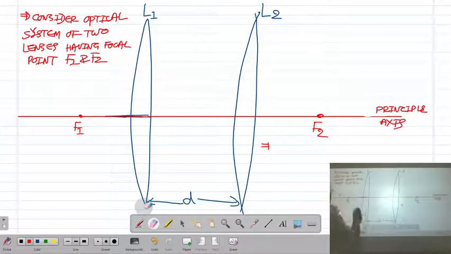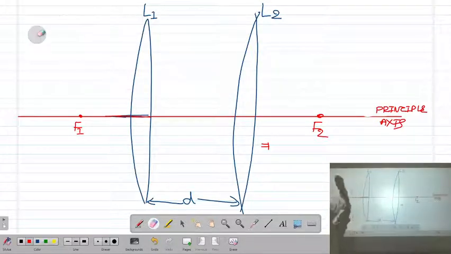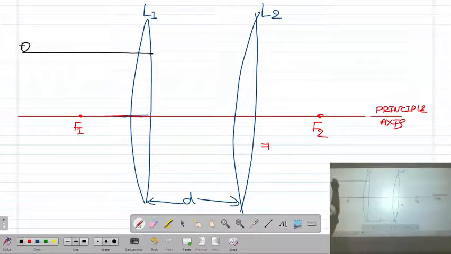Now, what will happen if I send a ray of light parallel to the axis? Let us see. This OA is the incident ray.